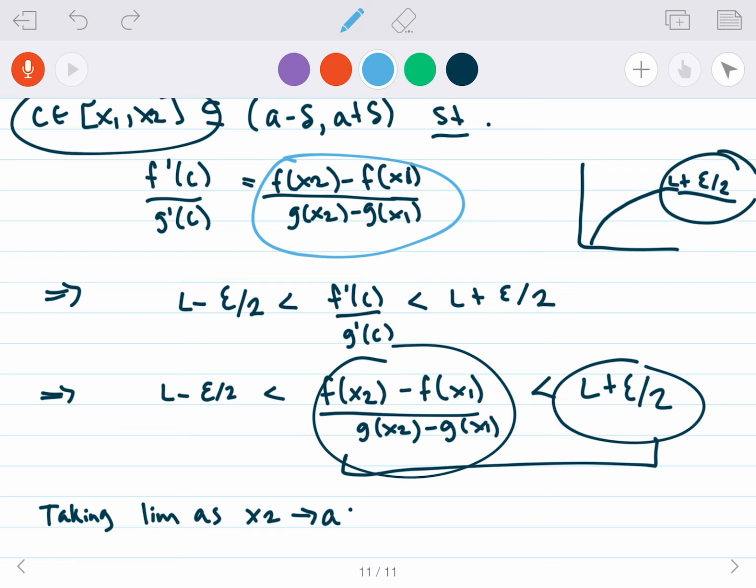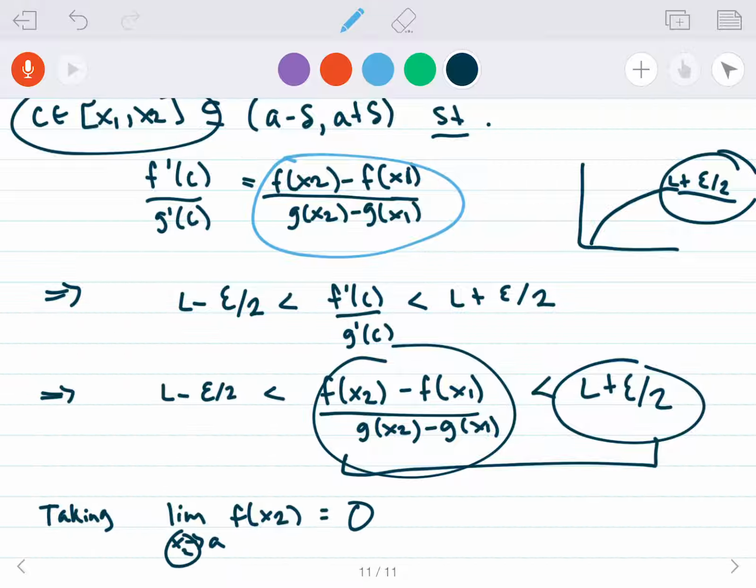So when we take the limit, remember, we could achieve these values as the limiting values. So we want to incorporate a less than or equal to instead of just a strictly less than. By hypothesis, the limit as x2 goes to a of f of x2 is going to be 0.